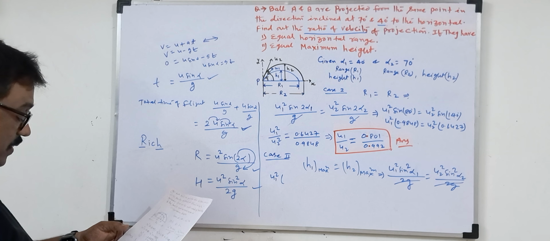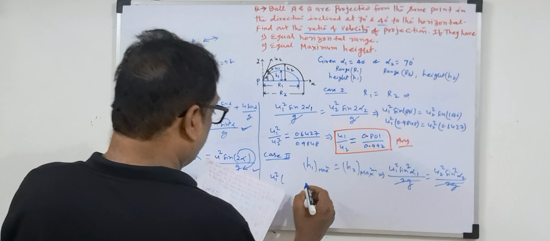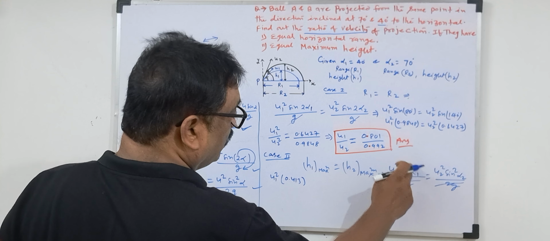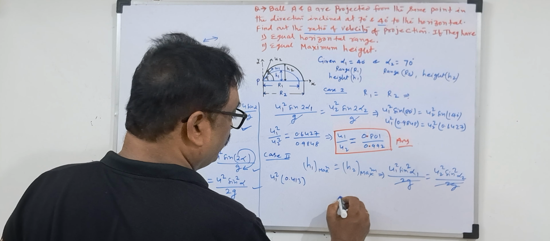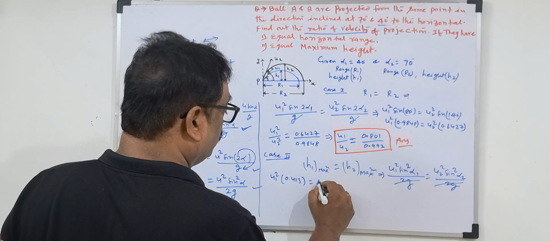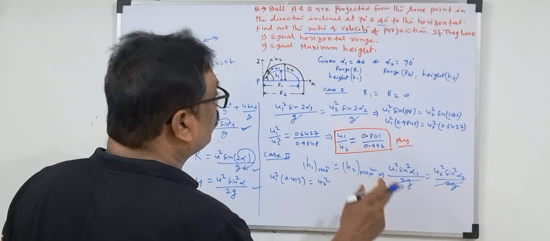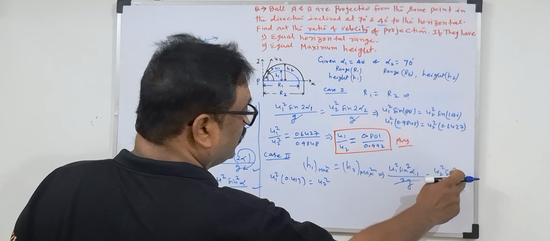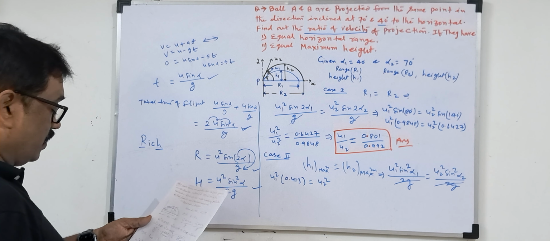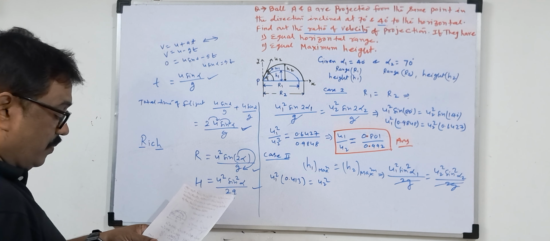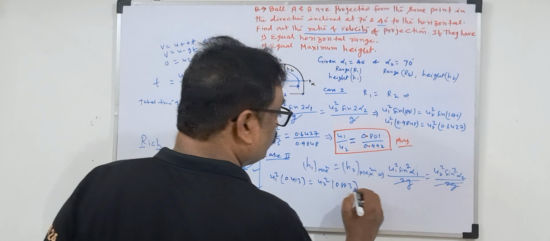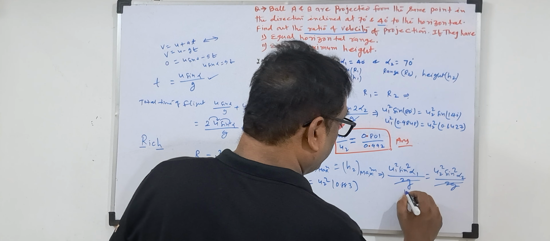How much value will come for sin 40 degree, 0.413? How will you calculate sin square alpha? First sin 40 degree, then the whole square, that value will come. Then u2 square sin 140 degree, whole square of this, it will come 0.883.